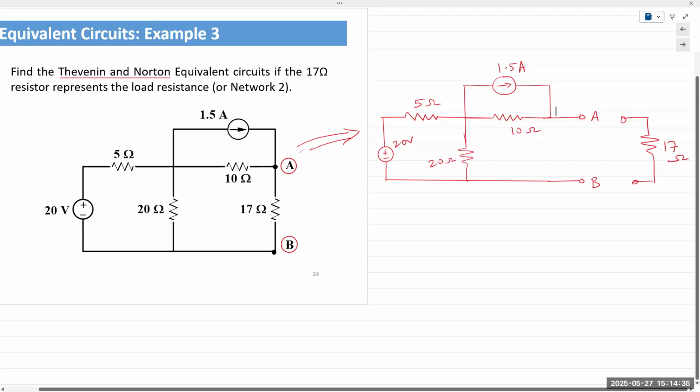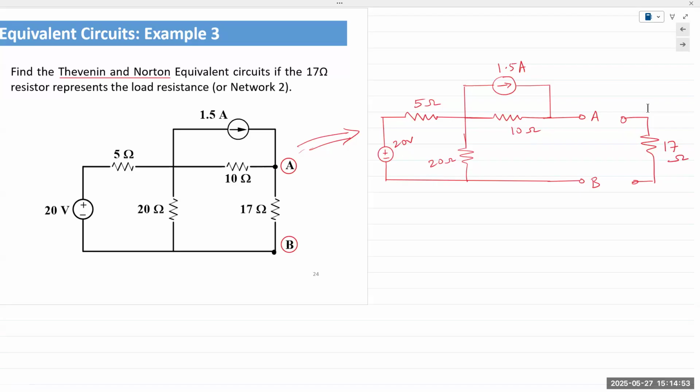I always tell students to start with the Thevenin resistance first if the circuit seems simple enough. In this case, the first step is to reduce all the independent sources to zero, meaning the 20-volt source is replaced with a short circuit and the current source is replaced with an open circuit.